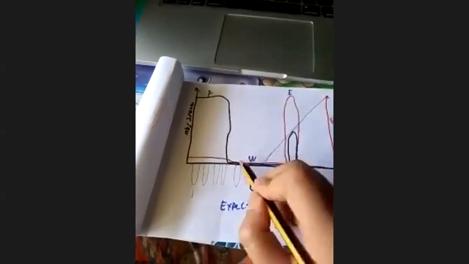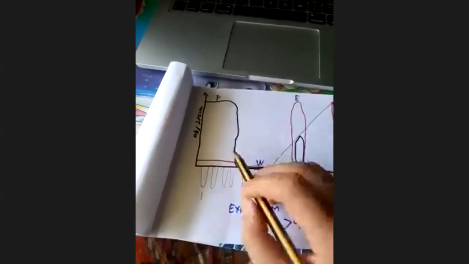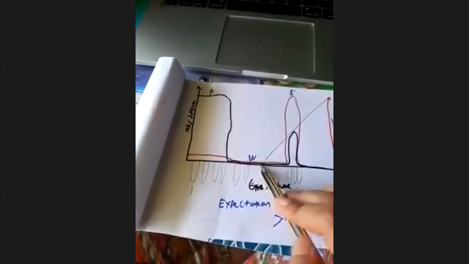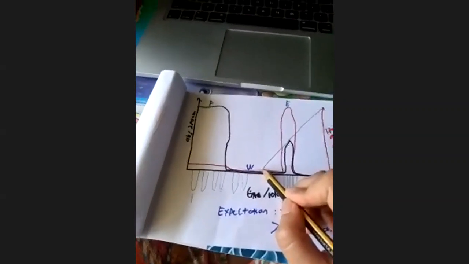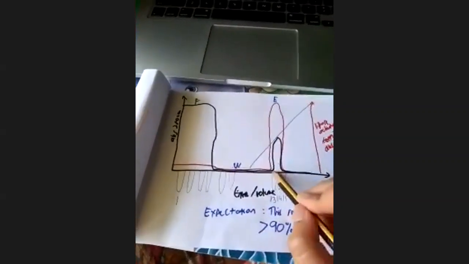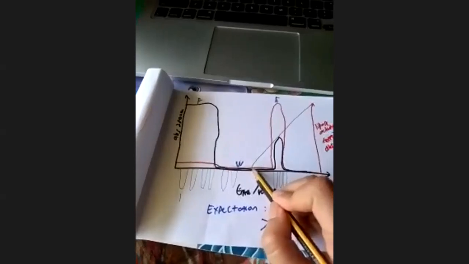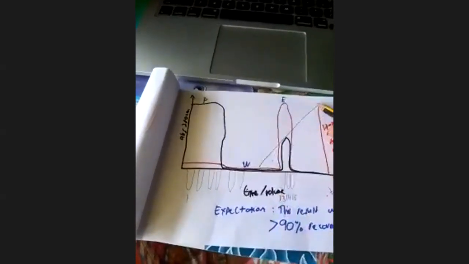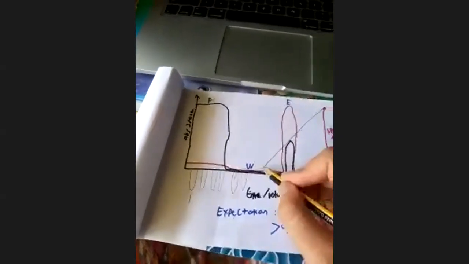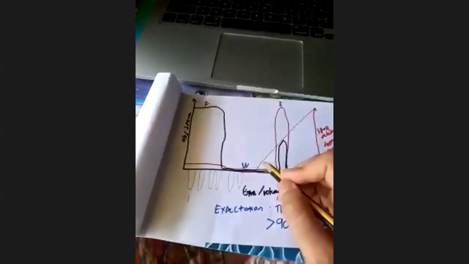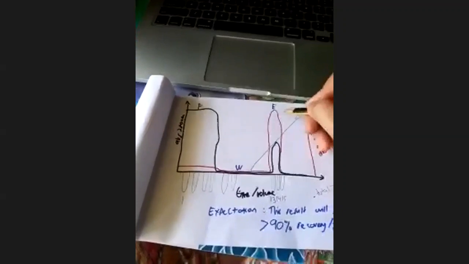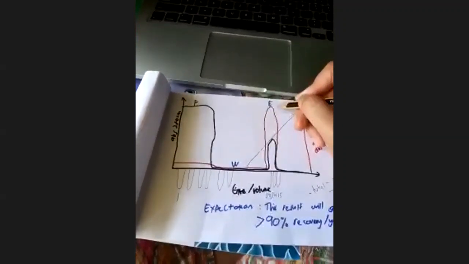For this case, if you know there's no longer protein in the washing, it's time for me to apply the elution. The elution buffer is not applied here. It is applied maybe here. This is the gradient of washing with different salt concentrations. For example, in our case, we elute the protein with imidazole, right?